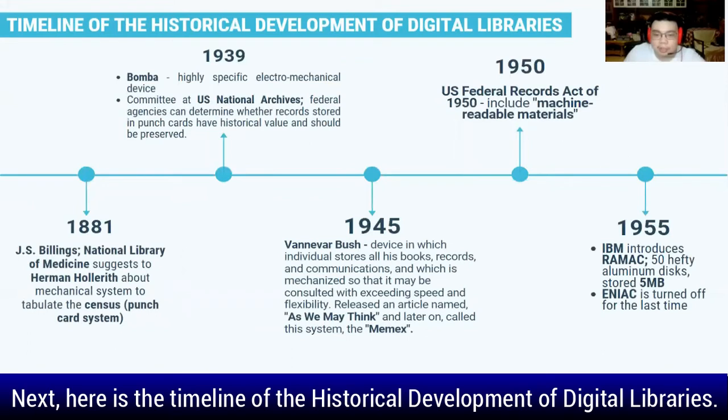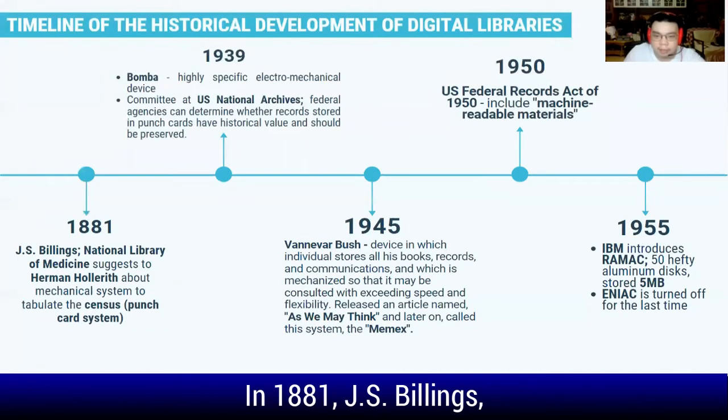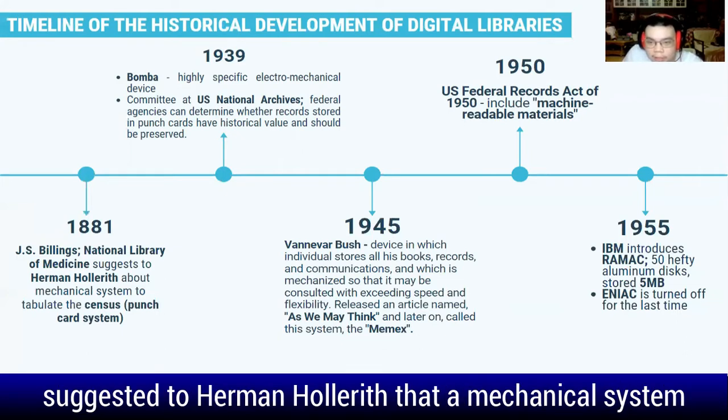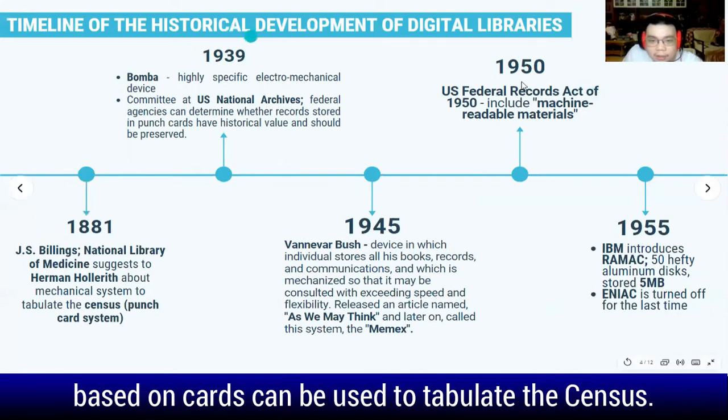Next, here is the timeline of the historical development of digital libraries. In 1881, J.S. Billings, who is the director of what would become the National Library of Medicine, suggested to Herman Hollerith that a mechanical system based on cards could be used to tabulate the census.